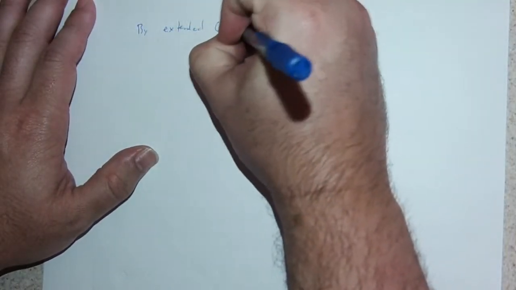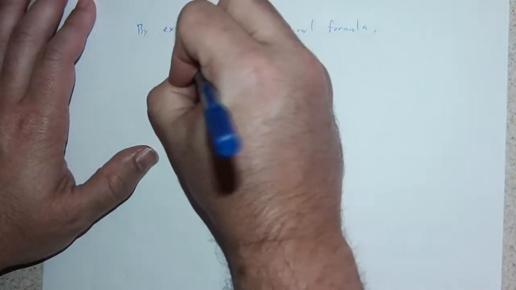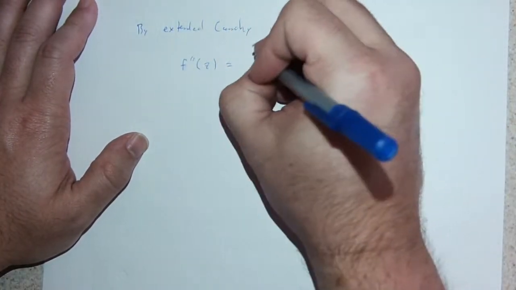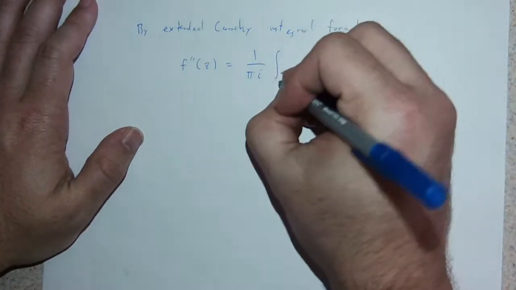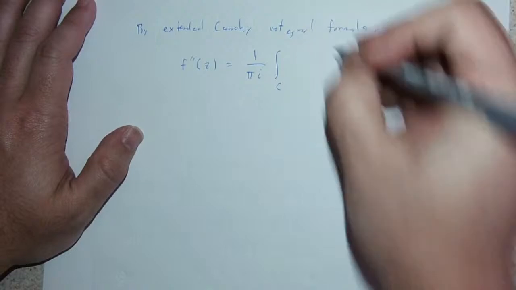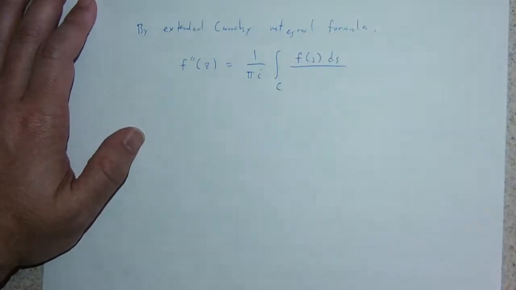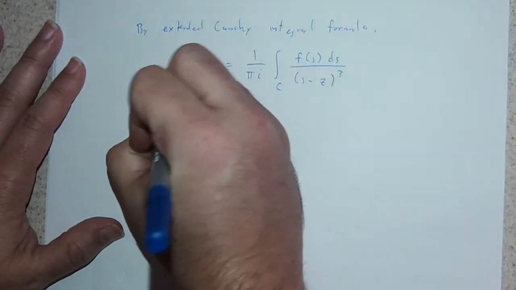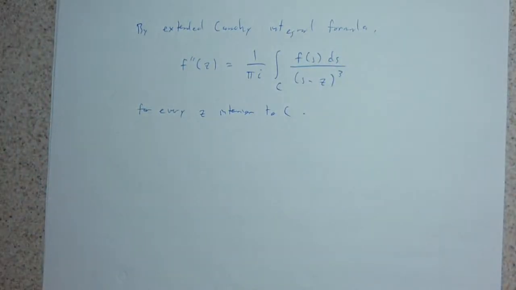So by the extended Cauchy integral formula, we know, for instance, that f double prime of z is equal to 1 over pi i times the integral over this C of f of s ds over s minus z cubed, for every z interior to C.